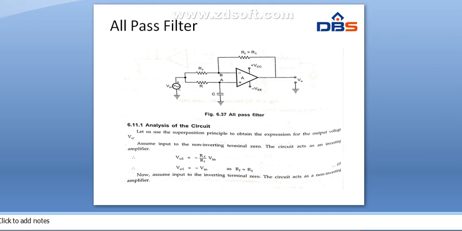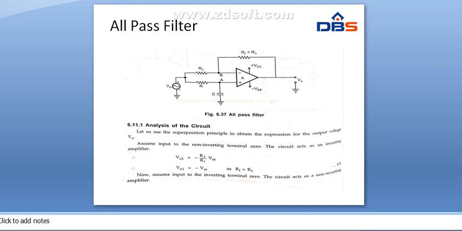So many times it is required to control the phase response of the filter. So the filter which is used to control the phase response by adding a phase shift between input and output signals, that is called as all pass filter.